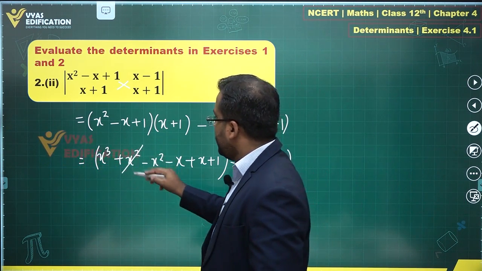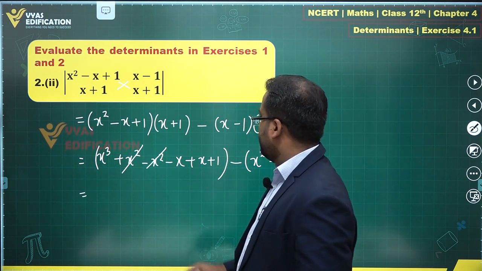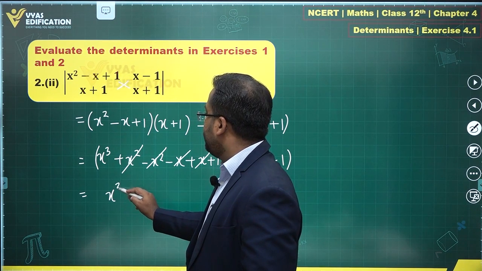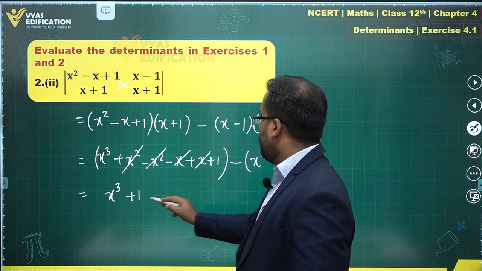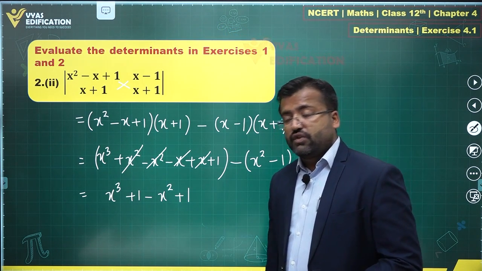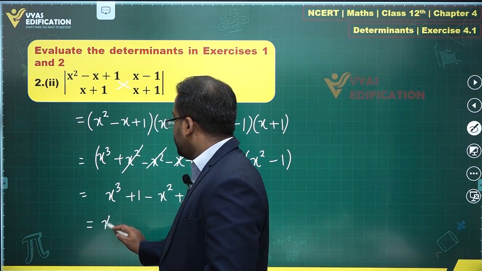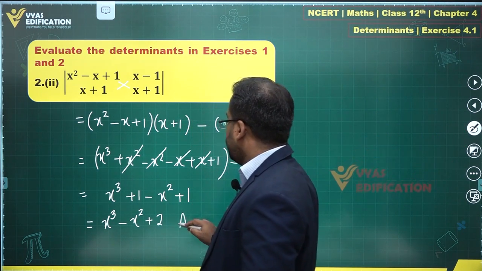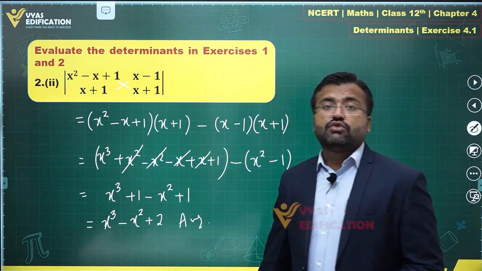This and this will get cancelled. This and this will also get cancelled, and you have x power 3 plus 1, you have minus x square, and you have another plus 1 over here. On simplification this becomes x cube minus x square plus 2. Yes, that is my answer for this question over here.